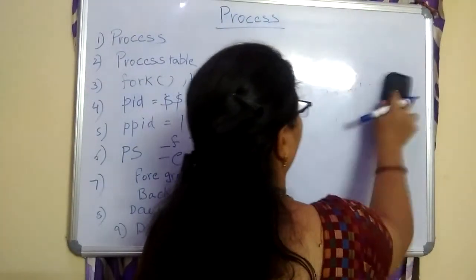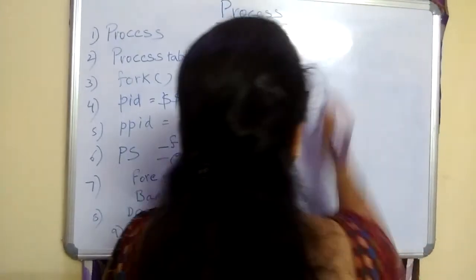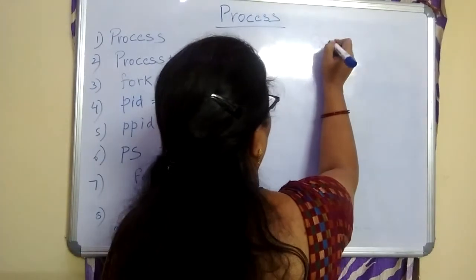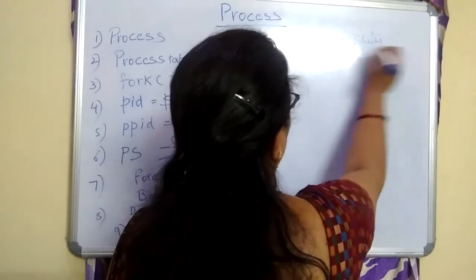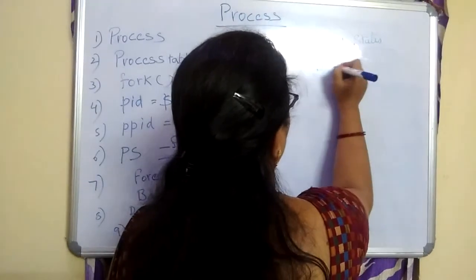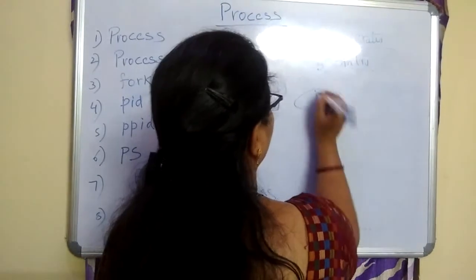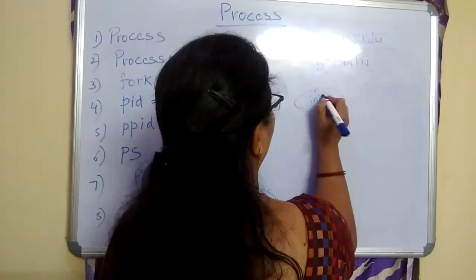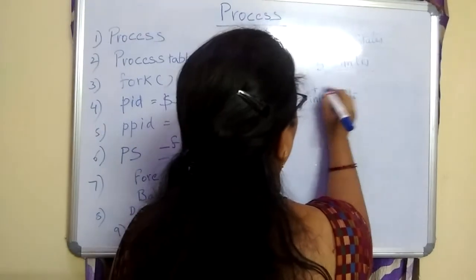And we see what are the various process states. There are 5 states of a process. Process states can be divided into 5 states. The first one is init, or you can also say create.